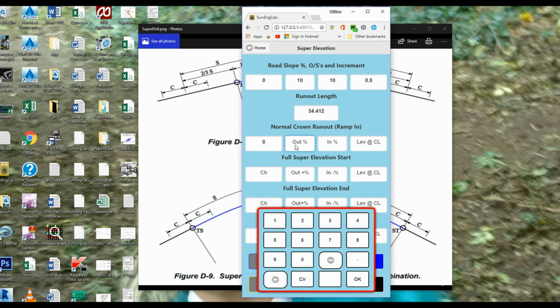So now we're looking for a crown rate, which is just going to be -2, and the level at that point there, I'm just going to put that as 0. Full super elevation start. Now I know that it's 86.030 plus the run out length. So it's runoff length plus run out length, which is going to be 120.442.